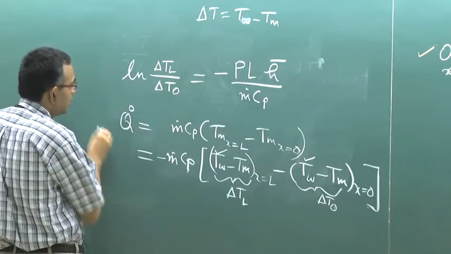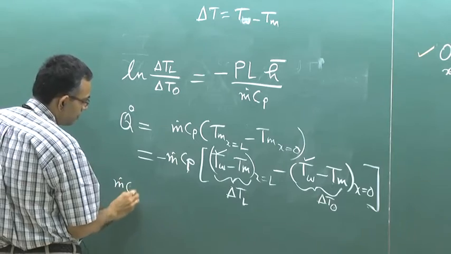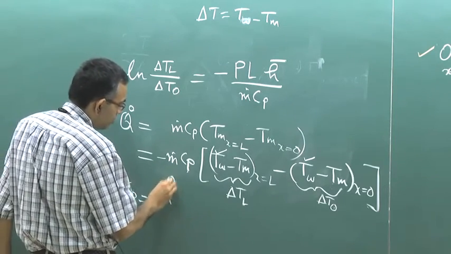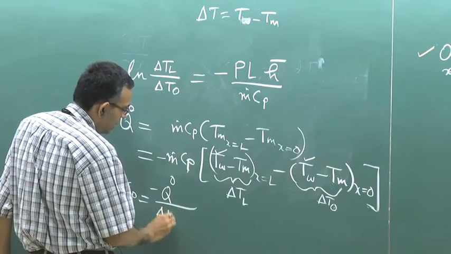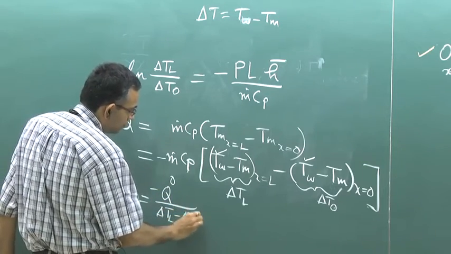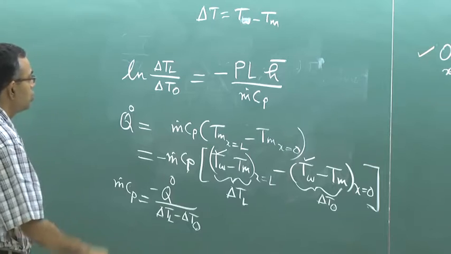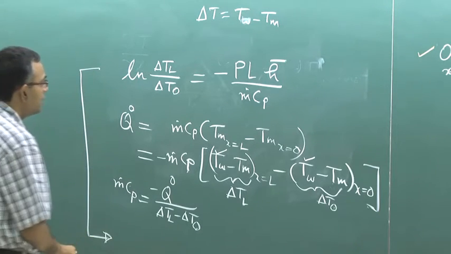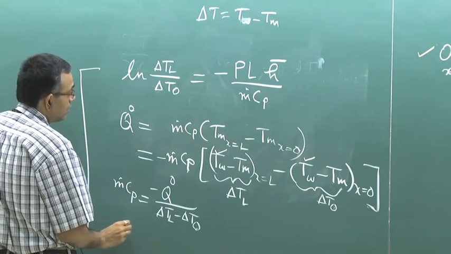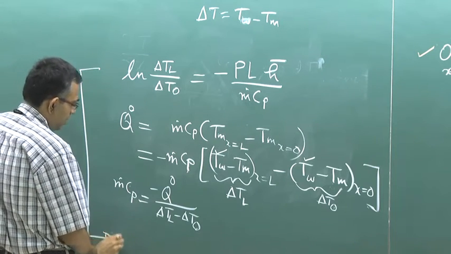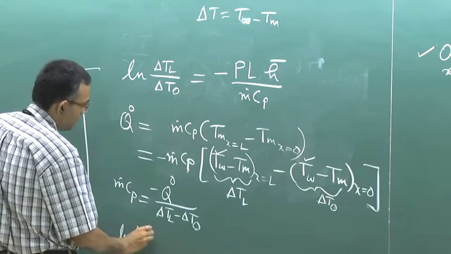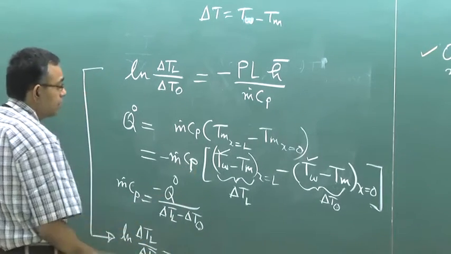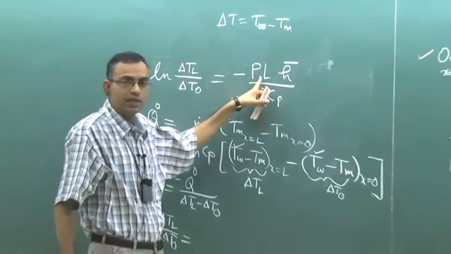So we can write m dot Cp is equal to q dot by delta TL minus delta T0. So you can substitute that here and write ln of delta TL by delta T0, perimeter into length is what?